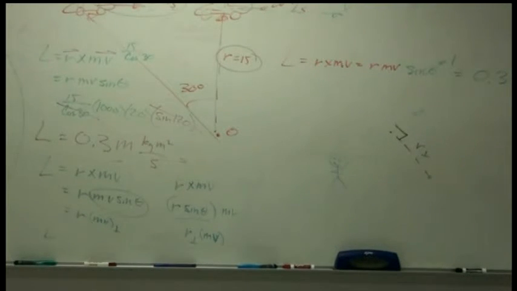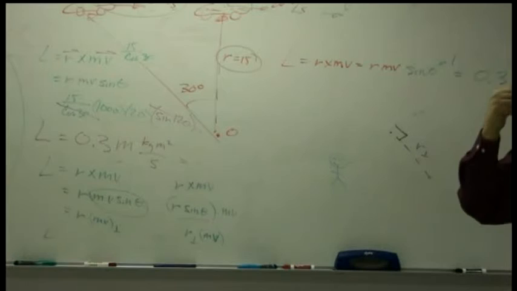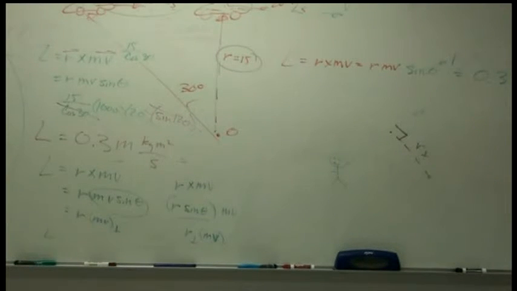If your linear momentum is not changing, you can pick any point you want to pick the angular momentum about, and it will also not have a changing angular momentum. That makes sense, because if you have the same velocity, you have the same MV, and you're always going to have the same minimum radius to that point. So Mr. Brand, if I'm in uniform circular motion, my MV is the same forever? No, because it changes direction.